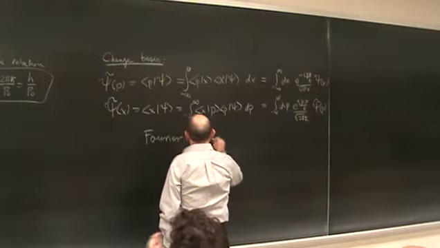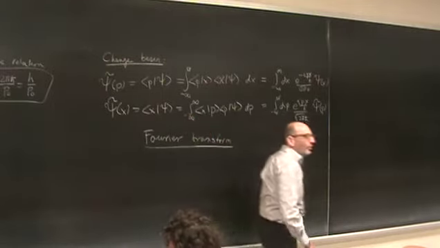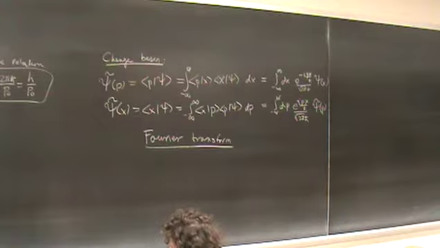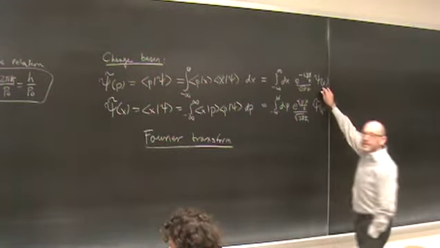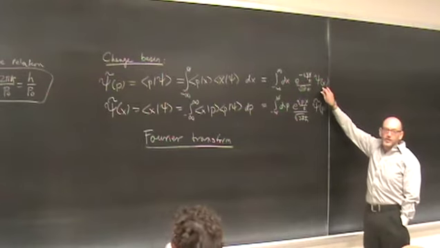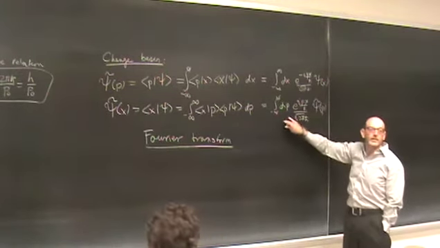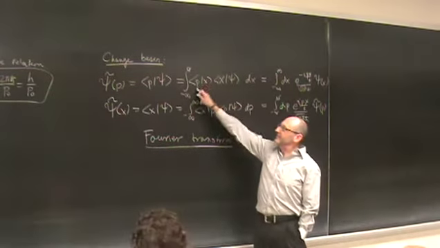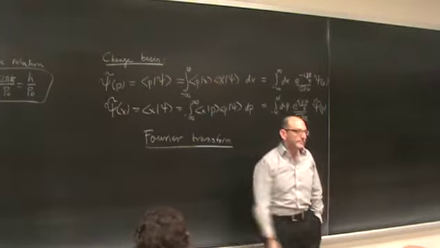As we discussed last time, we should think about the Fourier transform as effectively a change of basis. We're going from one basis, which is the position representation, to another basis, which is the momentum representation, or vice versa. And the change of basis matrix is the representation of one basis vector in terms of the other.